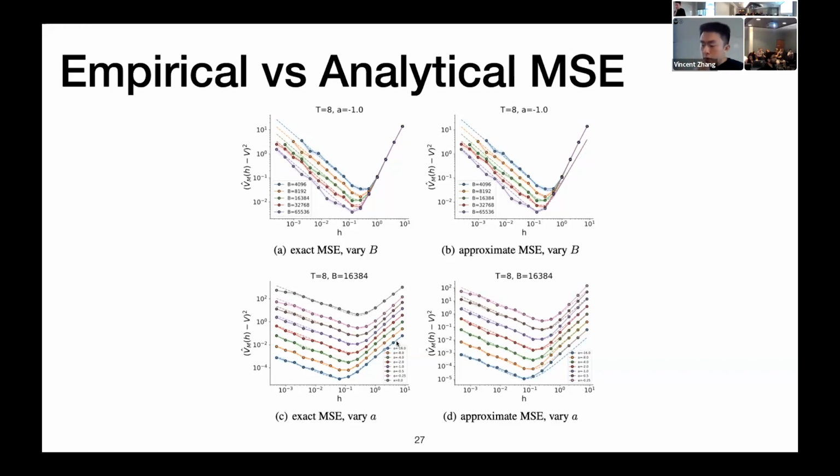You can observe that on the left end, things are very well aligned, but on the right, as H gets bigger, you start to see some gap between the analysis and the empirical. But in practice, more often than not, H is quite small anyway, so it's all right to have those errors.